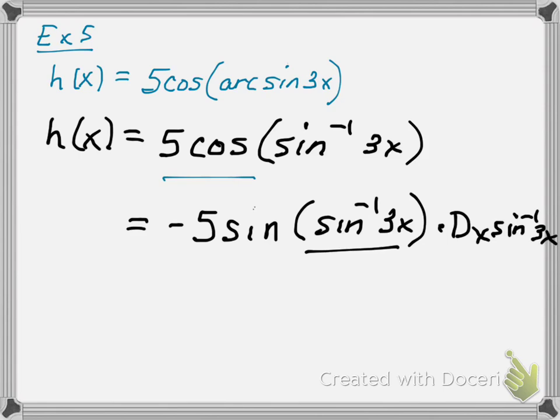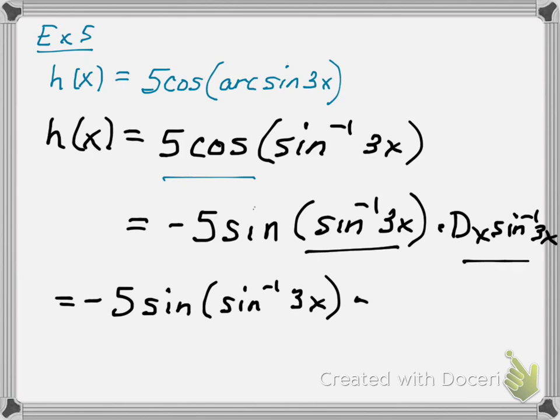All right, so I have this portion of my answer, and now I have to multiply times the derivative of this, which I'll have to look up in my math Bible. For right now, we'll write this down. Times the derivative of that.